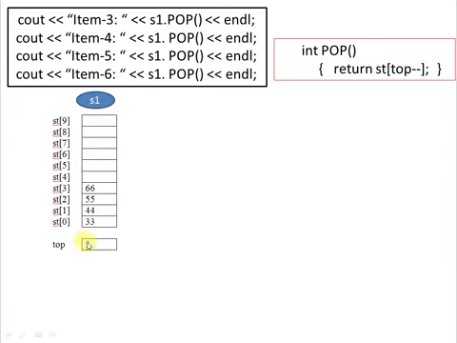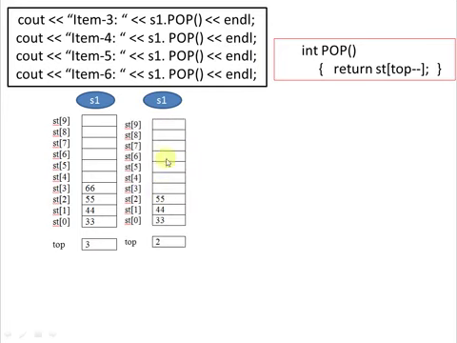The top is 3, so when the pop operation is called, st of 3 location will return its memory value. The memory value is 66, so 66 will be returned, and the status of S1 will become this one. Top has become 2 from 3 because it decrements itself after returning the value.